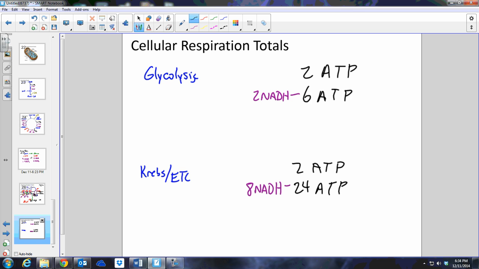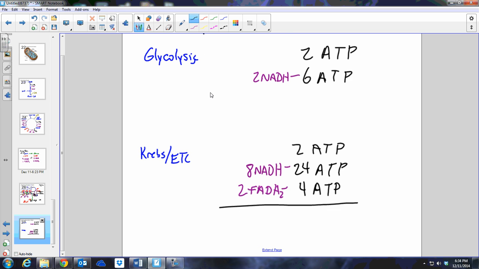NADH is really chipping in and doing its part. Well, 2 FADH2s also do their part and provide 4 ATP. So what is the grand total? Well, 8 from glycolysis, an additional 30 from the Krebs and the ETC give us 38 ATP.